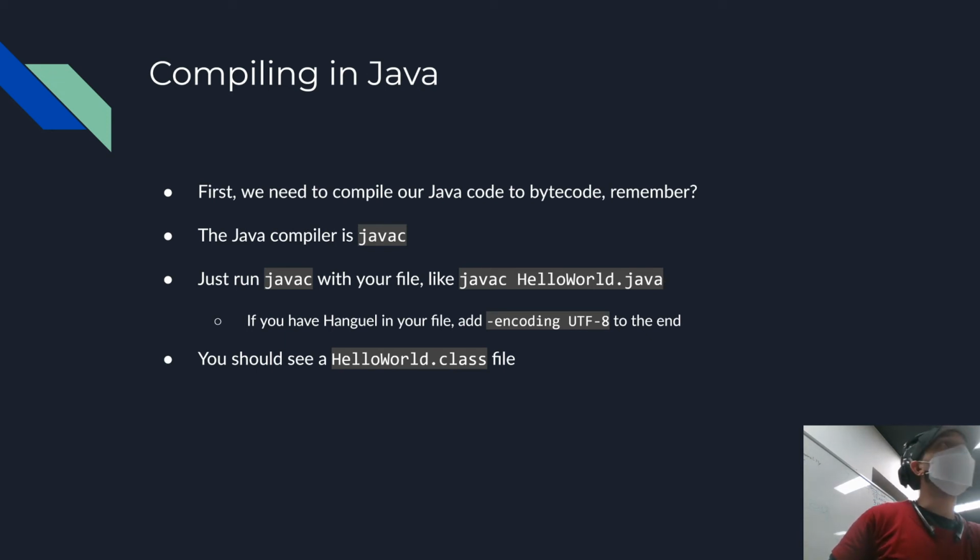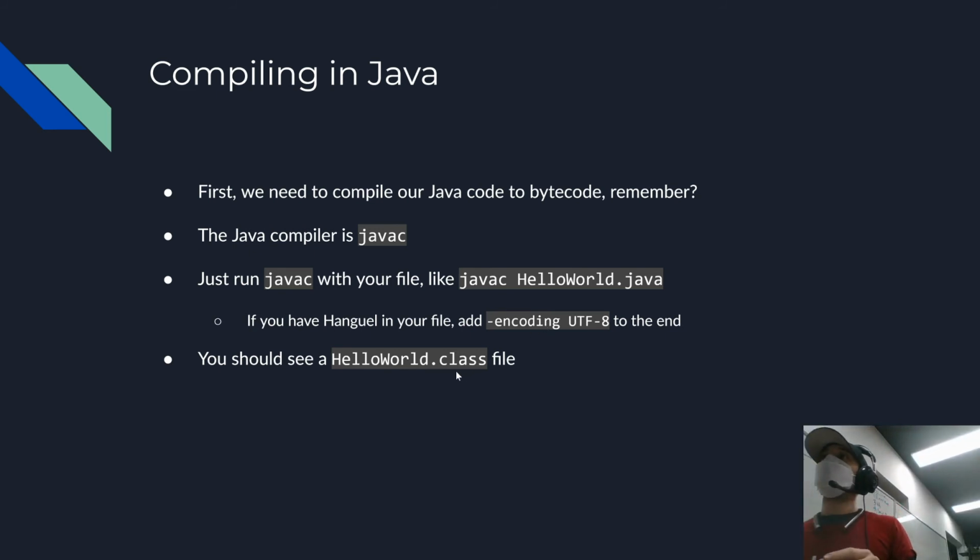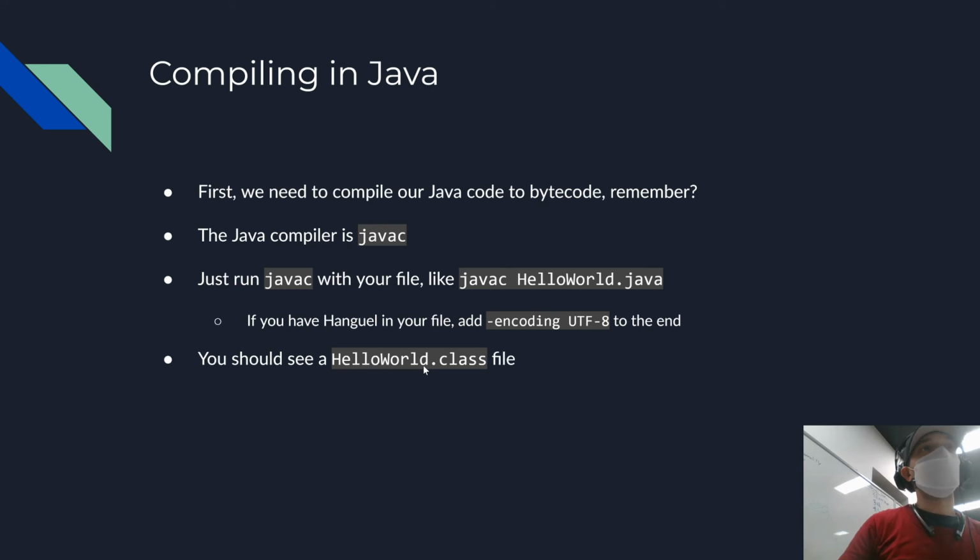However, if you have special characters in your file, at the end, you need to add a space and then this part, because Java natively is kind of stupid. Granted, this actually might not be a problem on Mac, because I only encountered this on Windows. Maybe Mac folks, you'll be okay. But we'll test it. And then once you've done this, the compiler will create a new file for you, that bytecode file. And it should be called helloworld.class, okay?